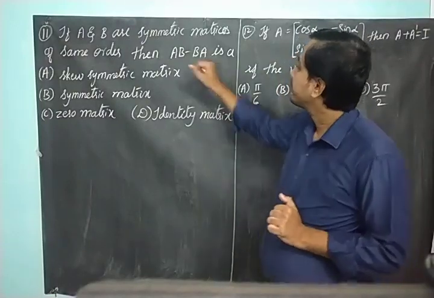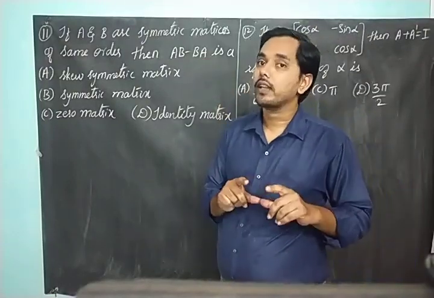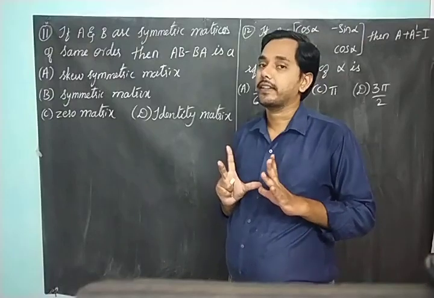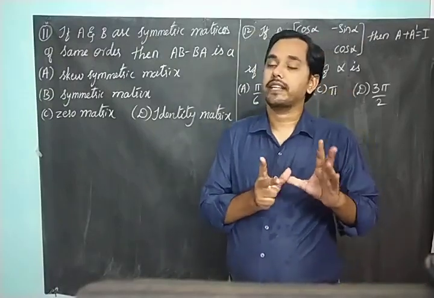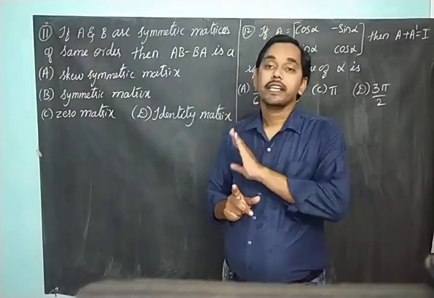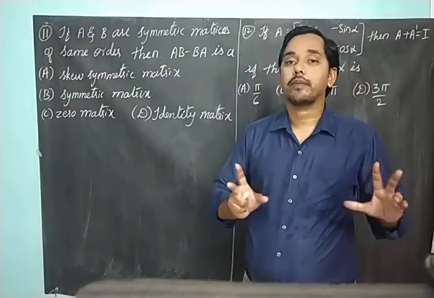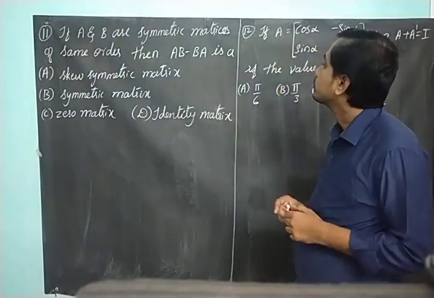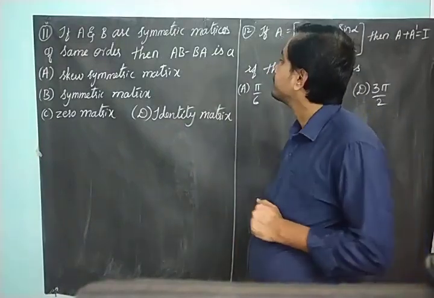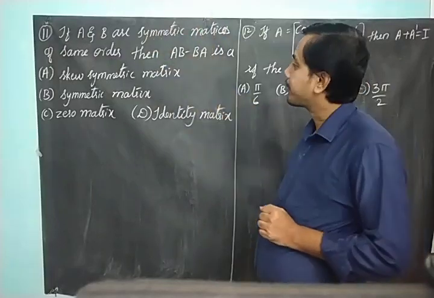Only then can two matrices of same order be multiplied. If they are not square matrices, same order matrices cannot be multiplied. So AB minus BA. Anyway they have given that it is a symmetric matrix.